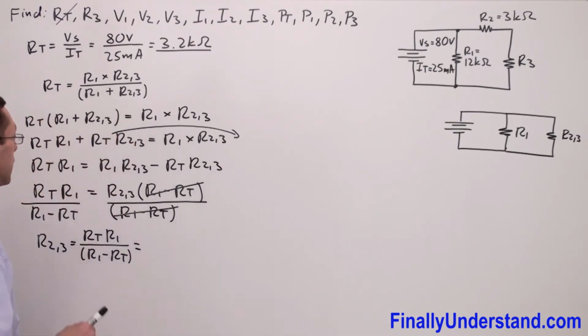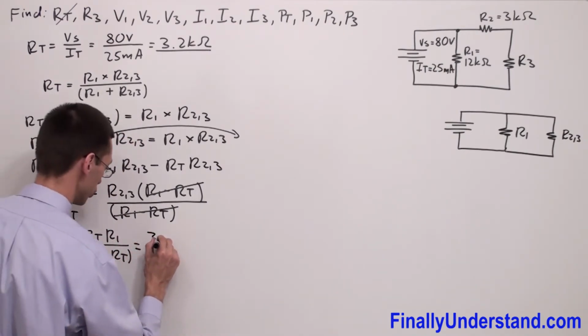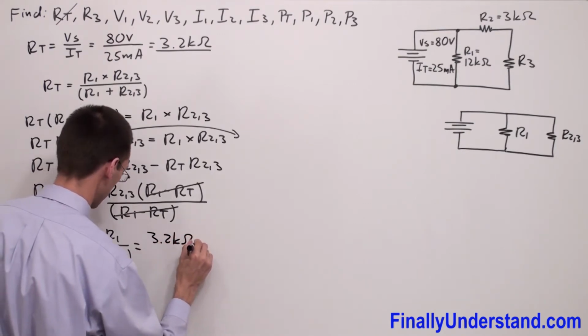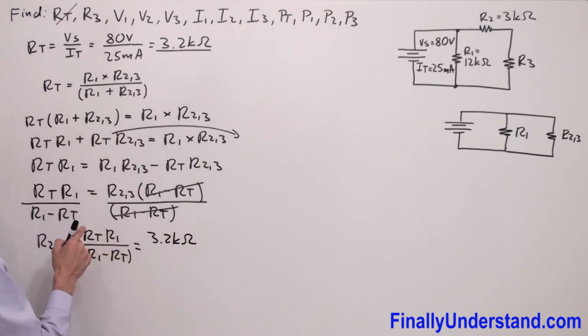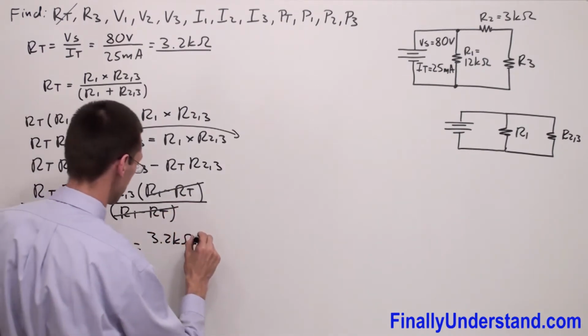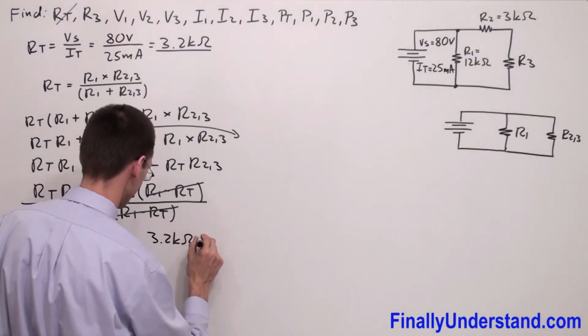So we found that R total is equal to 3.2 kiloohms times R1, which is equal to 12 kiloohms.